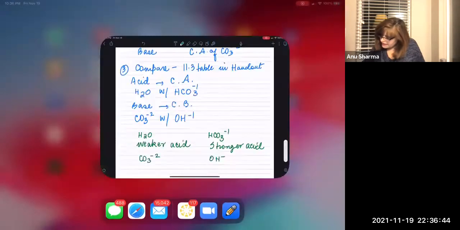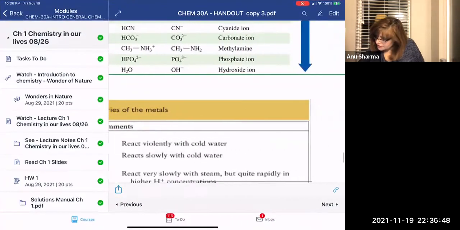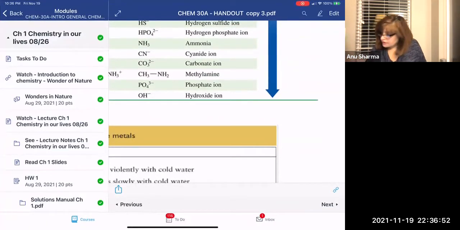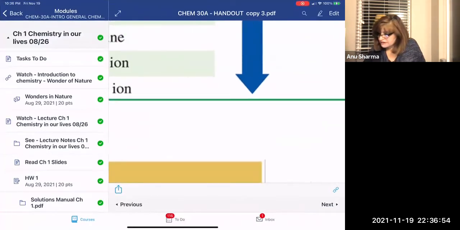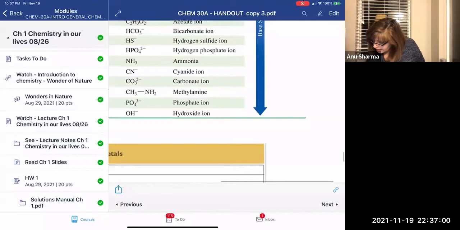Now, on the other hand, let's compare the carbonate minus 2 to OH ions. Let's go back and see carbonate ions and the OH ions. Remember, top to bottom, OH is stronger, strength is increasing in this direction. So OH ion is the strongest anyway, but let's still look at carbonate.